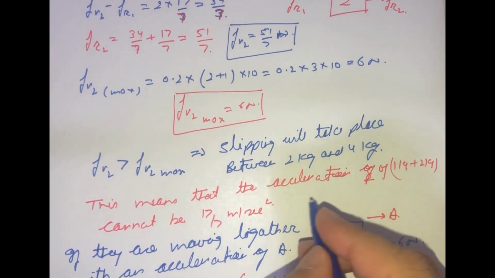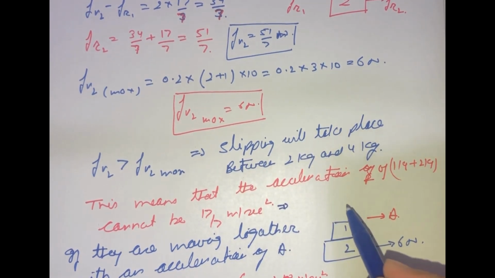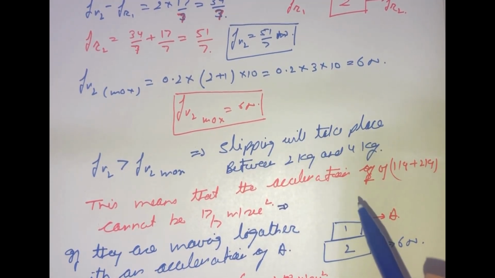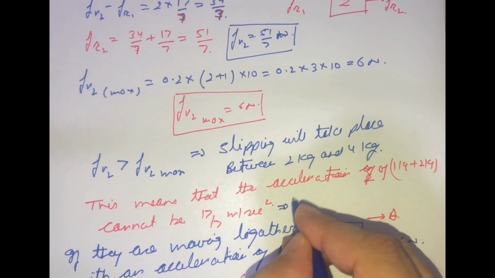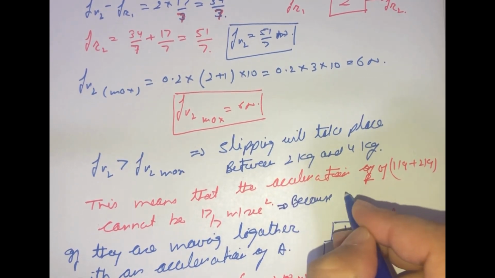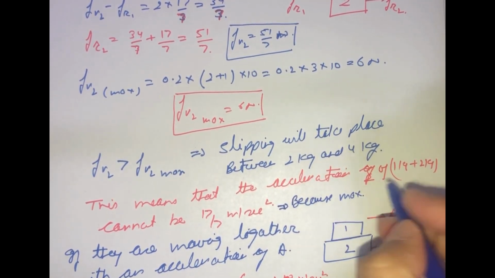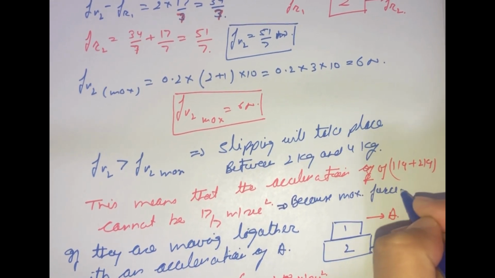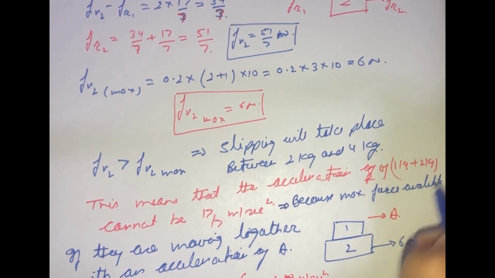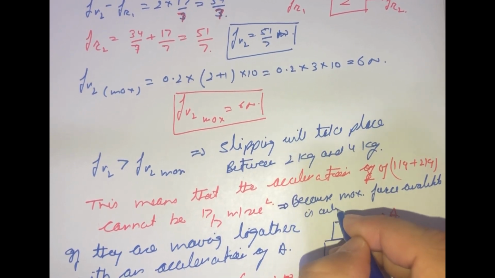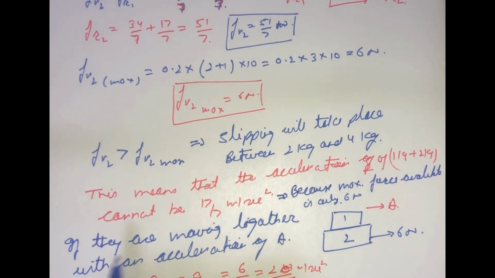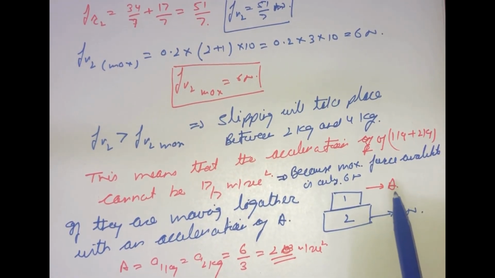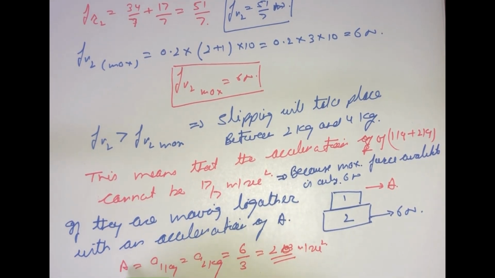This is because the maximum, or available, force which can drive 2 kg is only 6 Newton. So if they are moving with acceleration A with the force of 6 Newton, the actual acceleration will be coming as 2 meter per second square.